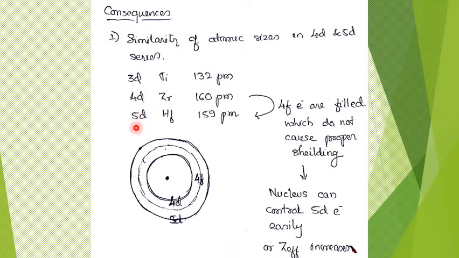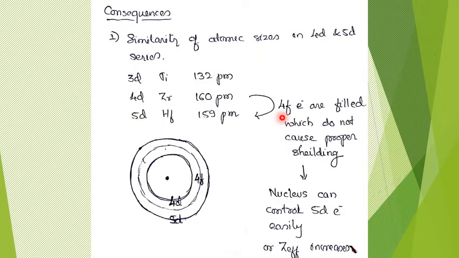There are so many subshells between the 4d and 5d subshells, and those subshells take electrons. Here, if you consider the 14 electrons, when we are moving from zirconium to hafnium, they go into the 4f subshell, right? 4f electrons are filled gradually when we are moving from 4d to 5d.